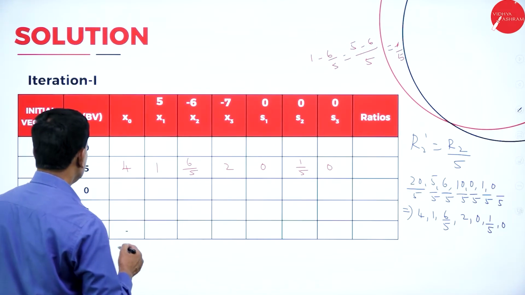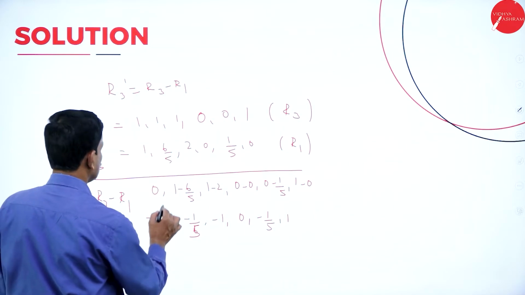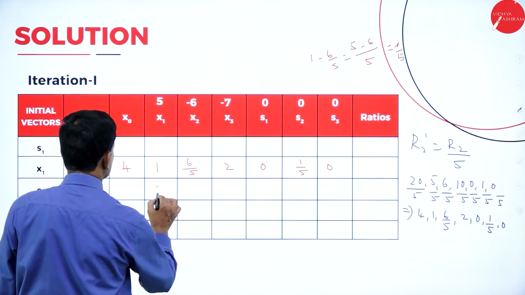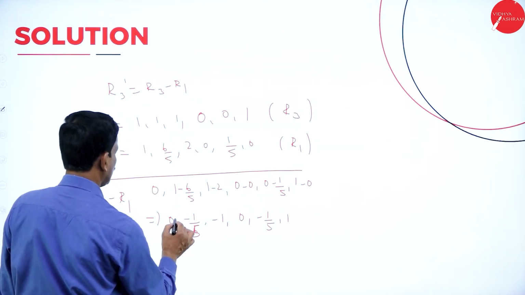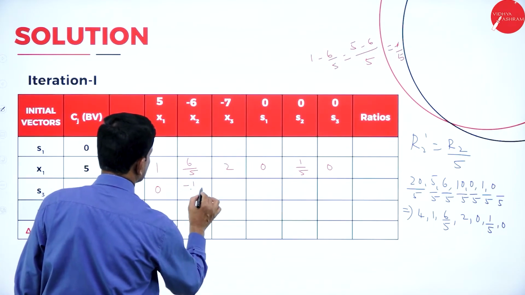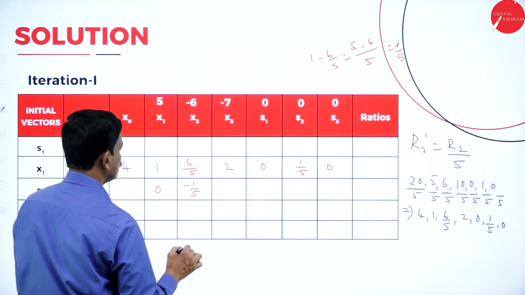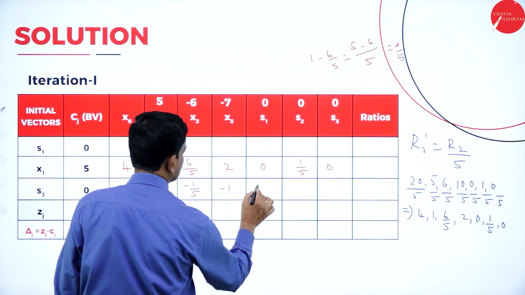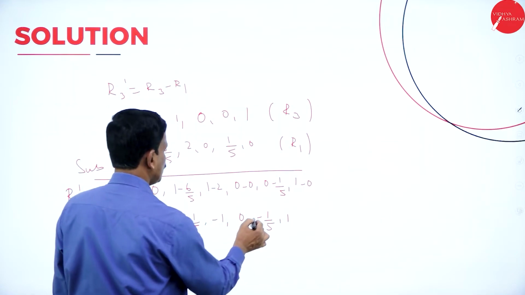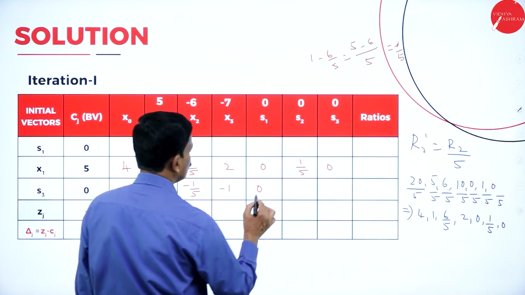So these are the values of R3: 0, minus 1 by 5, minus 1, 0, minus 1 by 5 and 1.